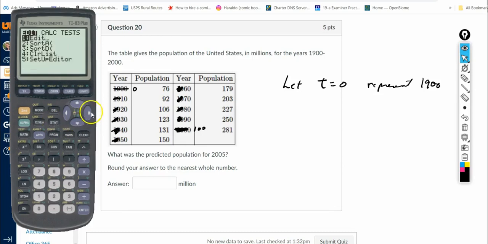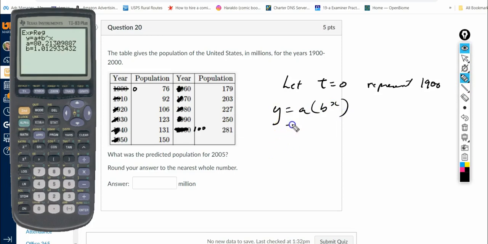Okay, that looks good. I'm going to come over here and I'm going to come down to exponential regression with list 1 and list 2. And I'm going to take it to at least 4 places. So taking this to 4 places, gives me that.